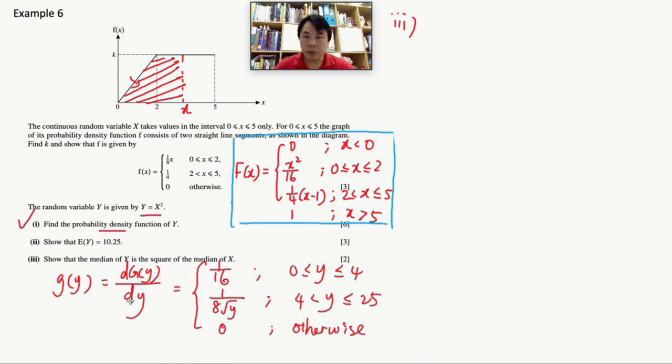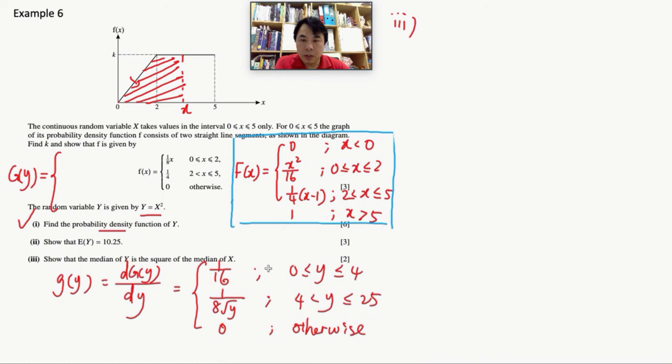Maybe it's best if I write down my gy over here. My distribution function for y itself is given by this section here.